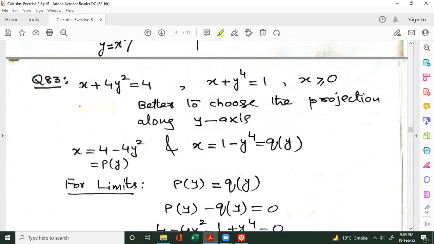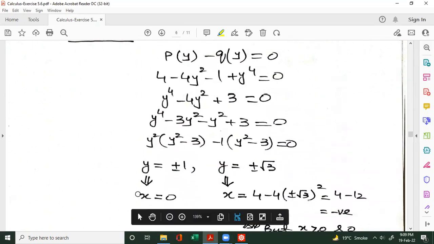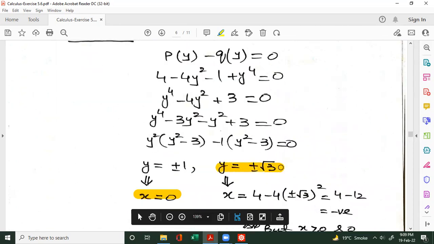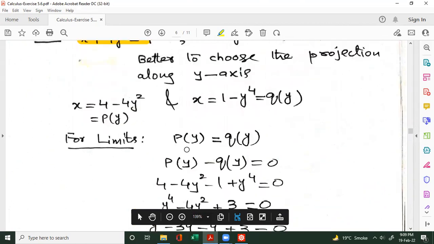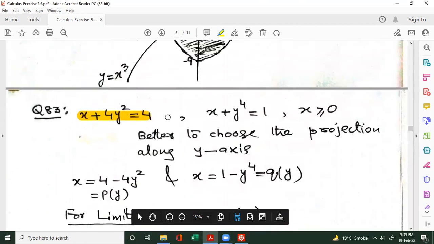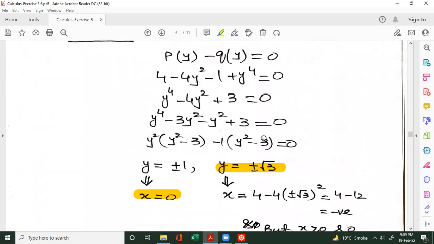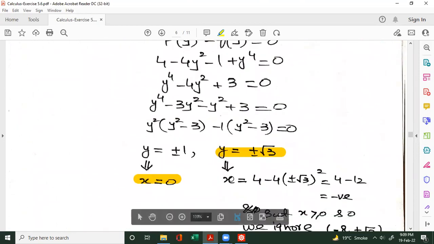As I put y equal to ±1 here, my x will be 0. My second y values are y equal to ±√3. Again, put it here, but note that my x should be greater than or equal to 0. But as I put the value of y in the first curve, my x will be negative.